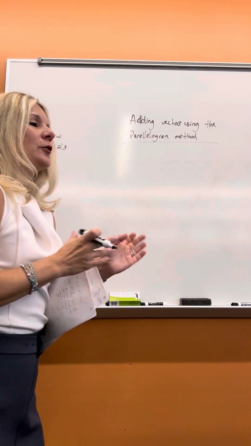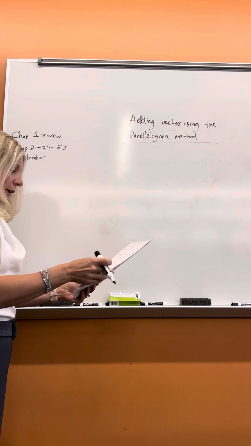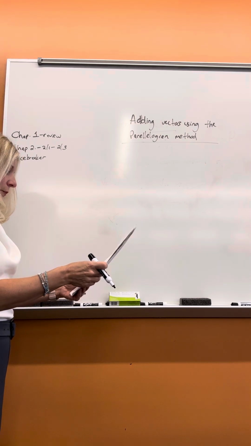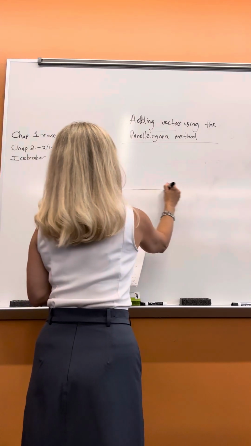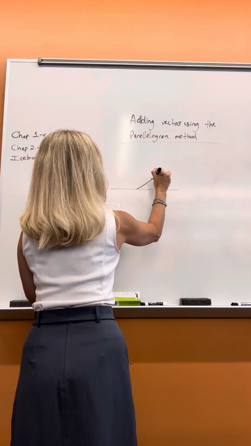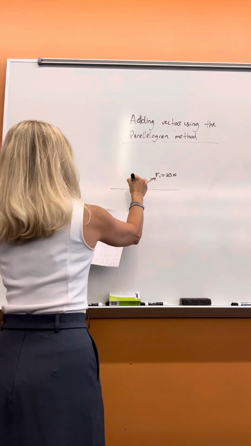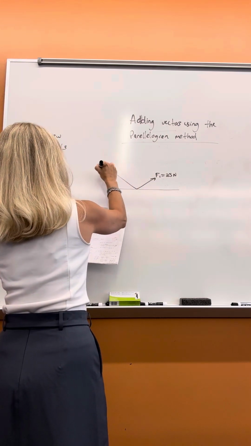Okay, so we got 2 vectors, and you're given F1 is 25 newtons, and F2 is 50 newtons.